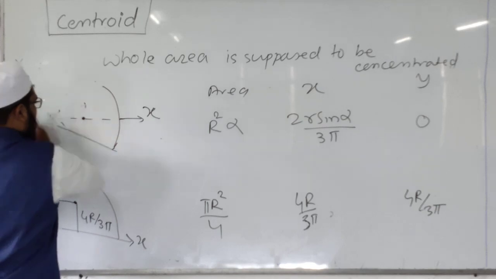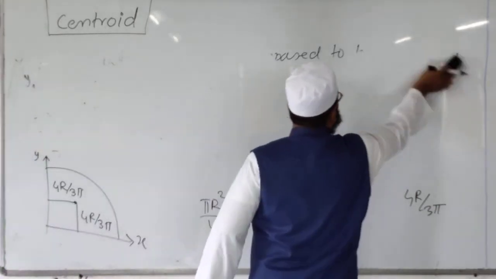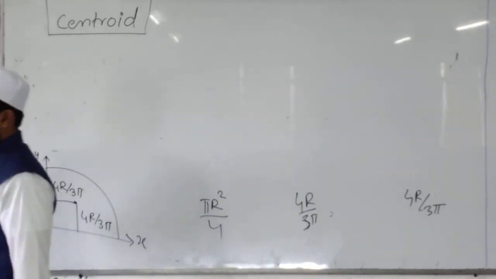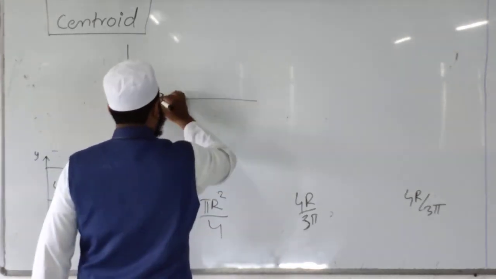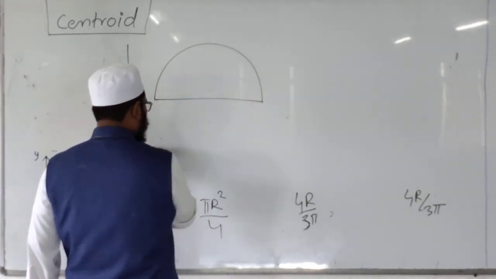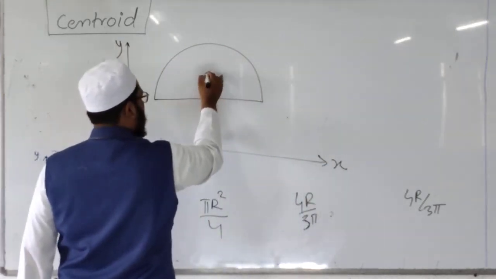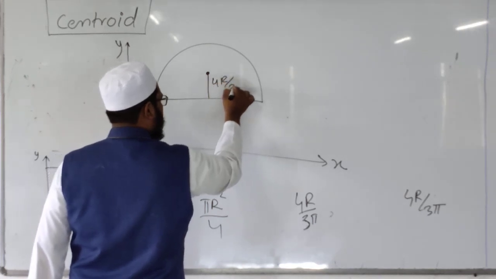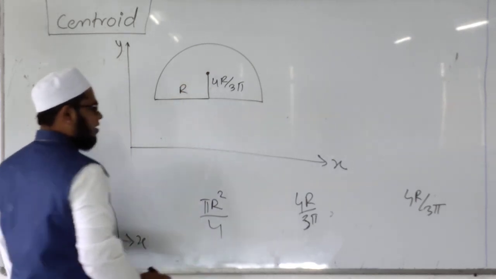Whenever the reference axis of the figure changes, ultimately the x coordinate and y coordinate of the centroid will definitely change. For example, very simple. Assume that it is a semicircle. It is x axis, it is y axis. We know that in a semicircle the centroid is at a distance from the diameter of 4r by 3 pi, and this distance is r.